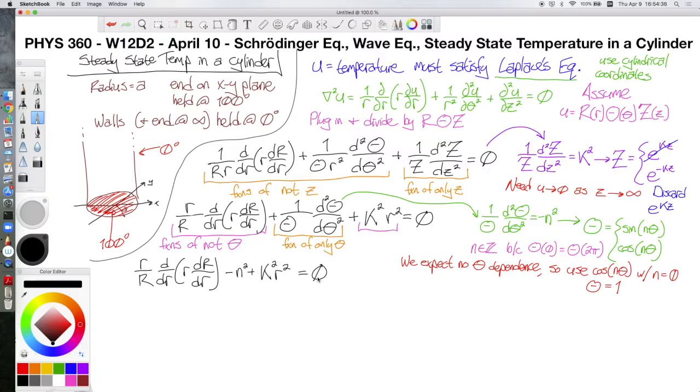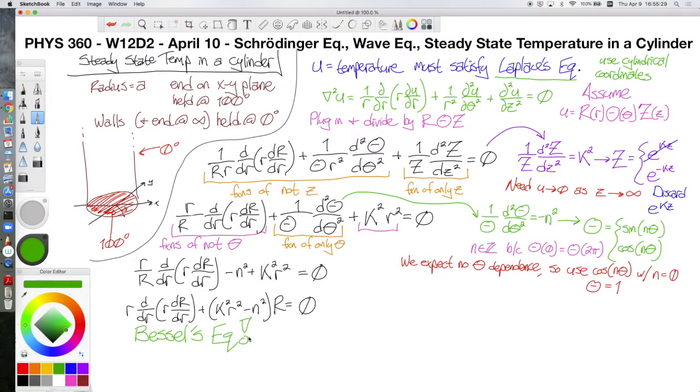Or if we multiply everything times R, we get little r times the derivative with respect to r of the quantity little r times the derivative of big R with respect to little r, plus the quantity kappa squared r squared minus n squared, all times the function big R. And this is Bessel's equation.